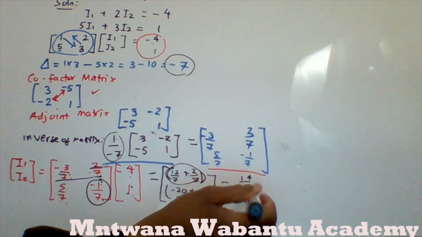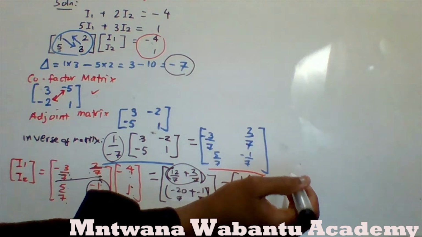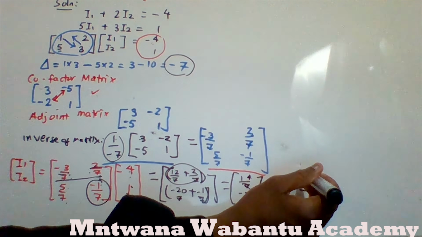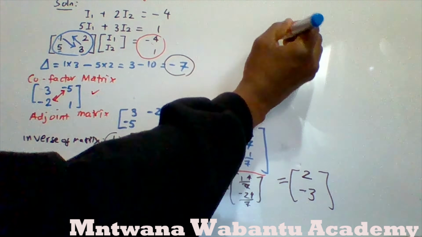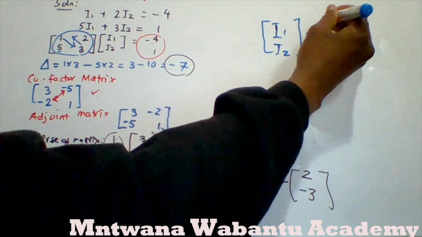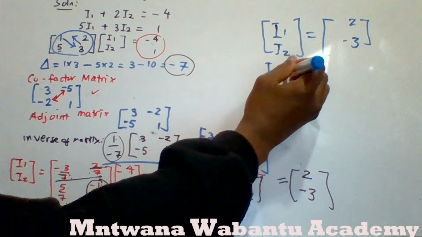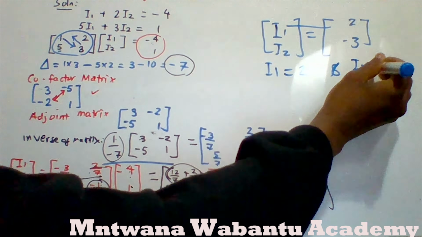So we get 2 and -3. Excuse my handwriting. So our current 1 and current 2 are 2 and -3. So current 1 is 2 ampere, and current 2 is -3 ampere.